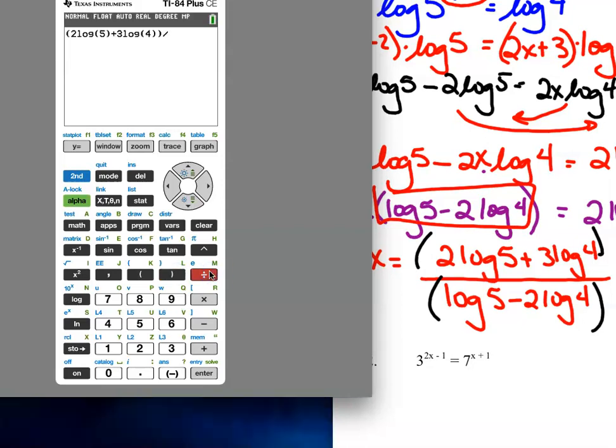Divided by, and then the same thing, parenthesis, log 5 minus 2 log 4, close off the parenthesis, and then close off the parenthesis for the denominator. So our final answer should be negative 6.34.